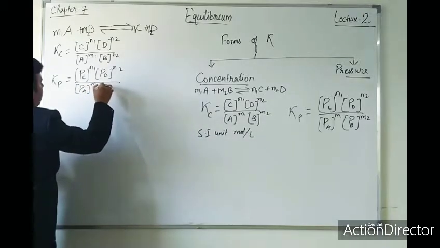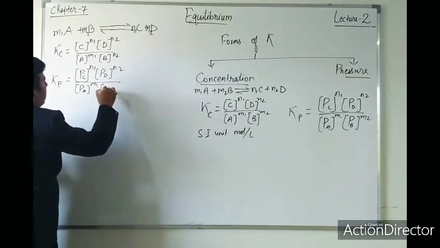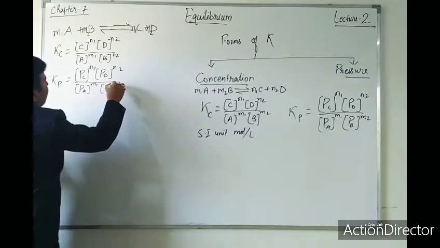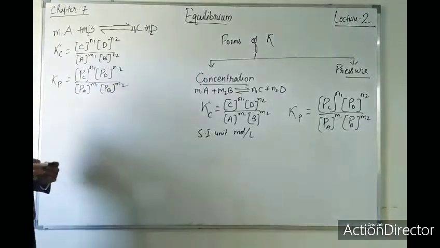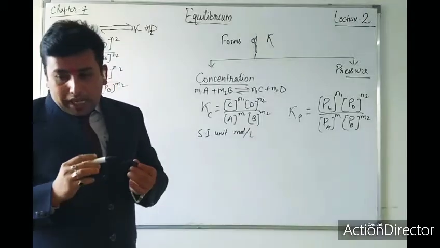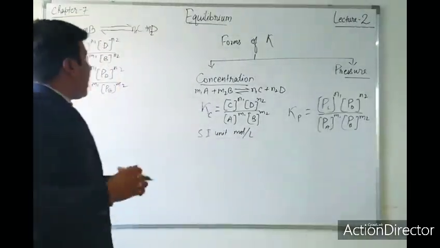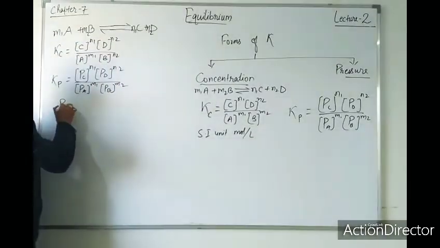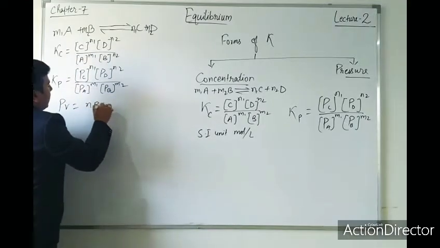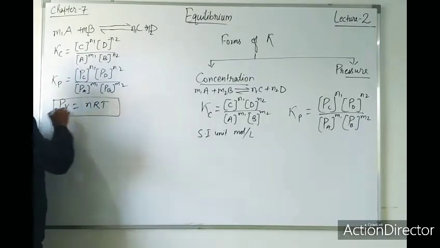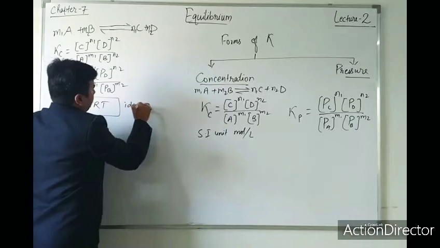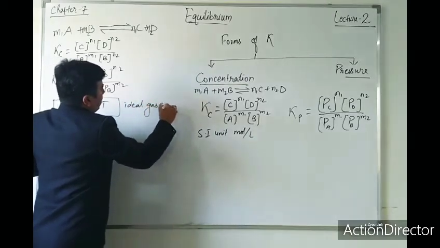Right? Now can you tell me what the ideal gas equation is? Do you remember the ideal gas equation? You may have remembered that PV is equal to nRT. This is the ideal gas equation.